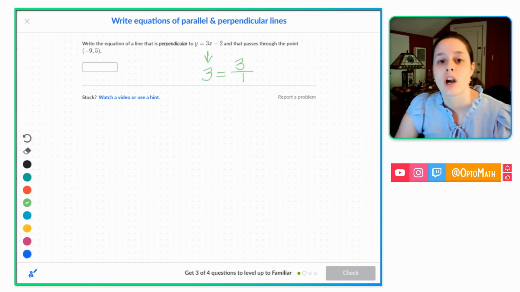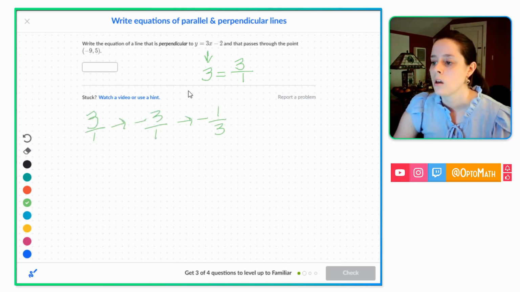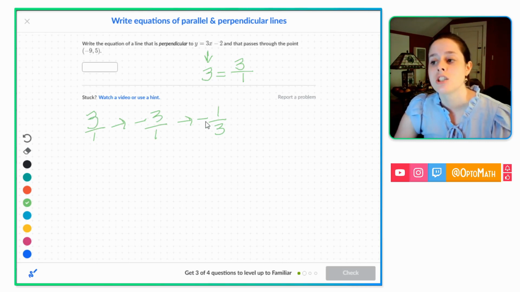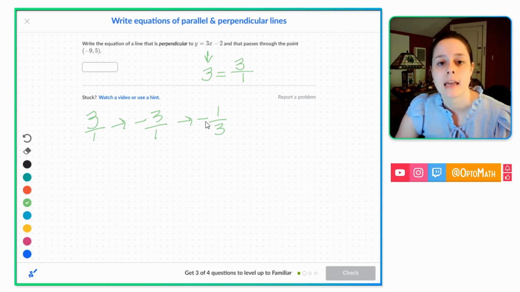Now that we've written our given slope as a fraction, let's find the opposite reciprocal so we have our new perpendicular slope. Our 3/1 becomes opposite, so it's -3 divided by 1. When you make it a reciprocal, it becomes -1/3. Now let's use our slope and our point to substitute into the point slope formula.